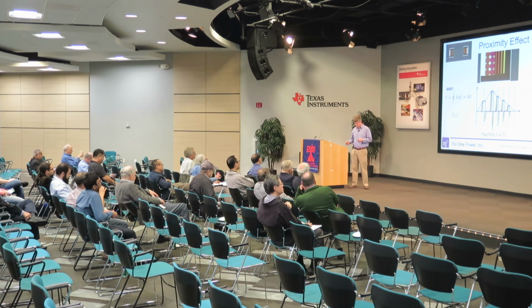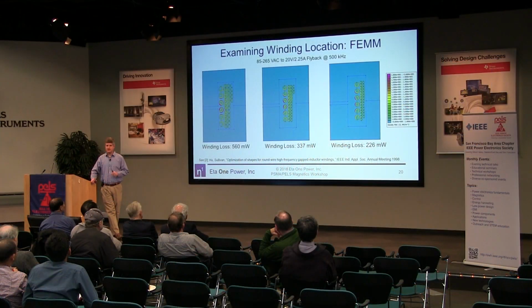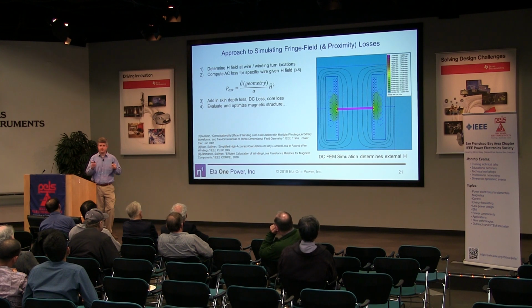So what we do is, let's see, there is a quick slide in a little bit. Basically what we run is a 2D FEA in the program, a field analysis, and then we find the field at each winding location and use specific equations based on the wire geometry to anticipate what the loss is going to be for that field.